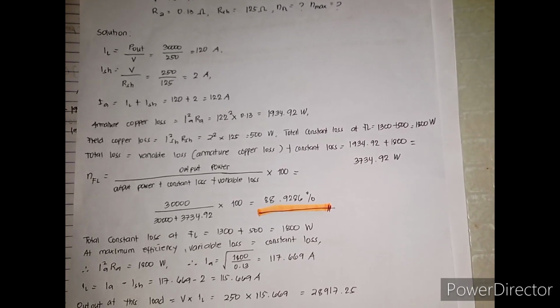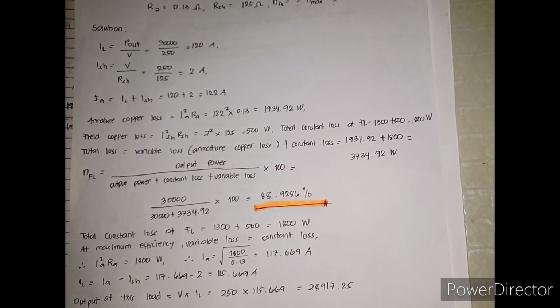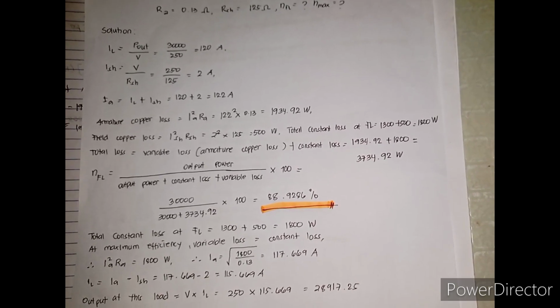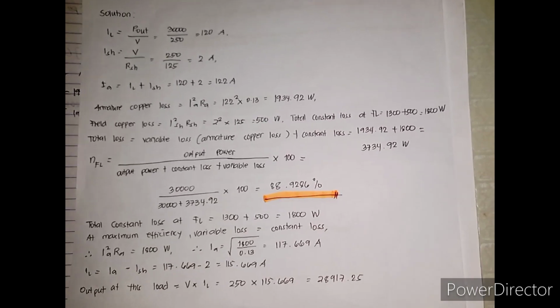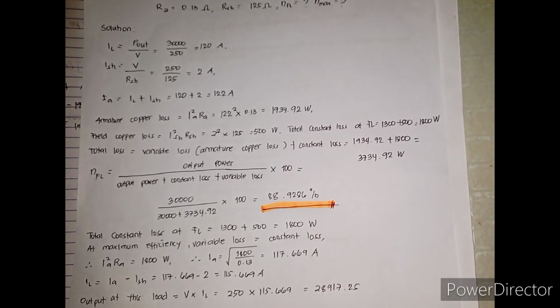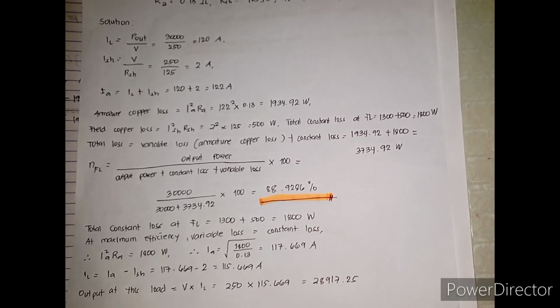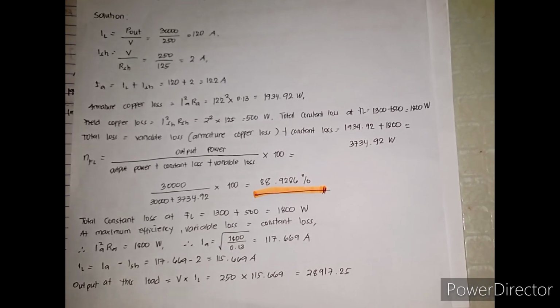So it is 1,934.92 plus 1,800, which is equal to 3,734.92 watts.